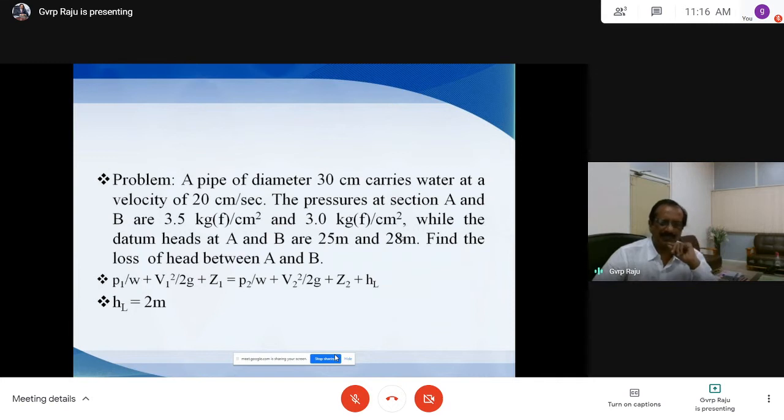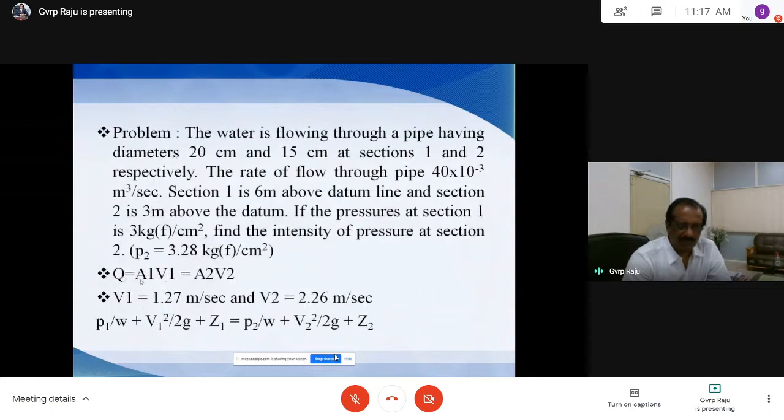It is all given, but the velocity at section 2 has not been mentioned. One thing you can observe from here is that the diameter is the same. If you have the discharge equation, Q is equal to A1 V1 is equal to A2 V2, and when the diameter is the same, A1 is equal to A2, then V1 is equal to V2.